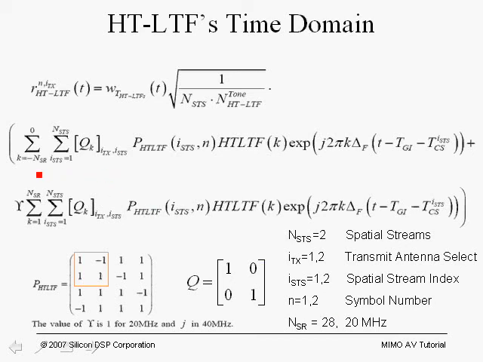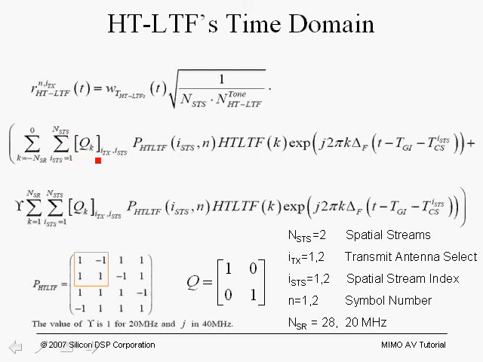So we're basically summing over all the carriers the expression here. And for each carrier, we're also summing over the number of spatial streams. So we have another sum here, which we have ISTS equals from 1 to NSTS, where NSTS, shown over here, is the number of spatial streams. So if we have two spatial streams, then we have a sum from 1 to 2.